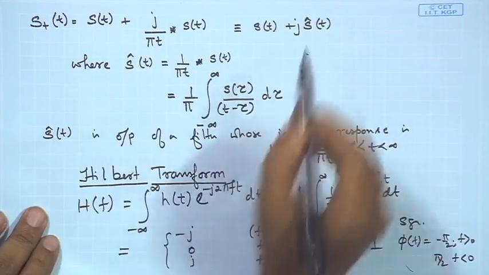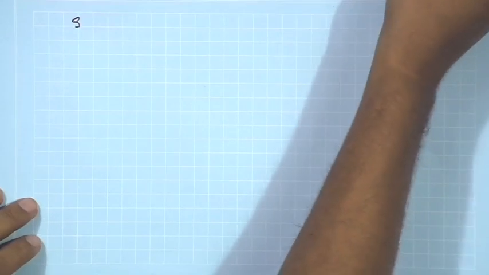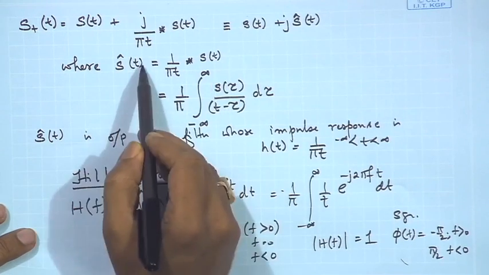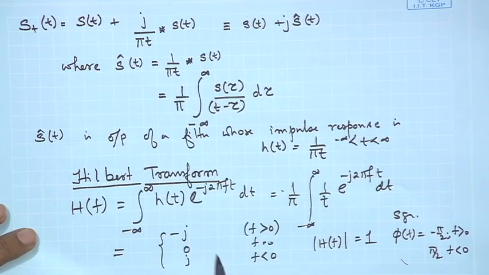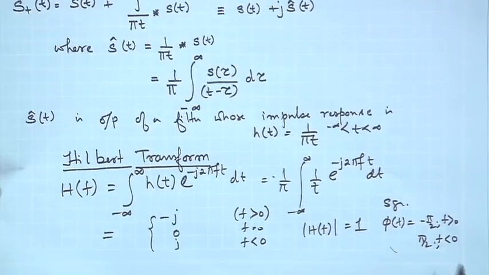Here we have with us the relationship that we were working on. This is the last term that we are trying to explore, and we have simply expanded here that this S cap of t is the Hilbert transform, which is given by this relationship of a filter where H of f is minus j for f greater than 0, j for f less than 0, and phase is given by minus pi by 2 and pi by 2 for different conditions of f, whether it is positive or negative values.